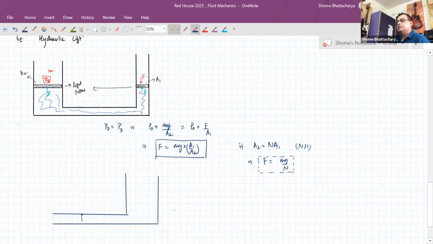So for example, you can have a piston over here, which is of area A1, and another piston here, which is of area A2. And this region is filled with an incompressible fluid. Okay. So a comparatively lesser amount of force here, F1, will generate a comparatively larger amount of force here, F2. So ultimately, F1 by A1 will be equal to F2 by A2. So this is another example of a hydraulic system.